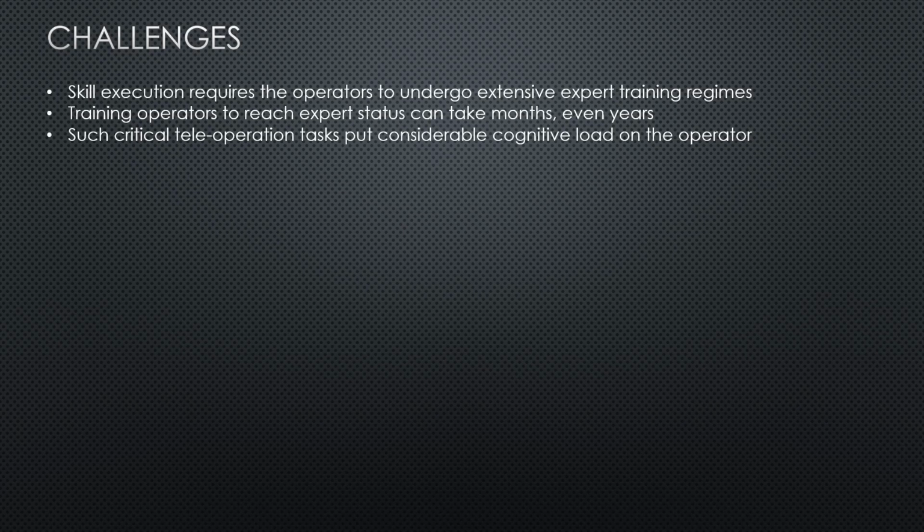They also cause a lot of cognitive and physical load on the operator, because a complicated trajectory needs to be followed in a continuous way and maintained. So these are some particular challenges in such tasks.